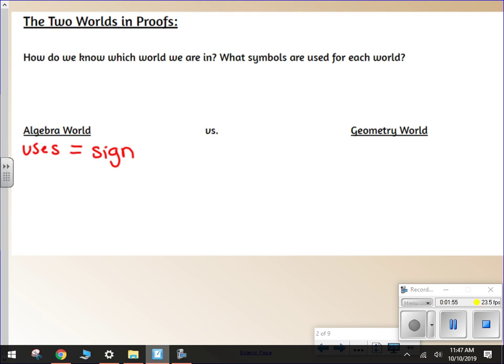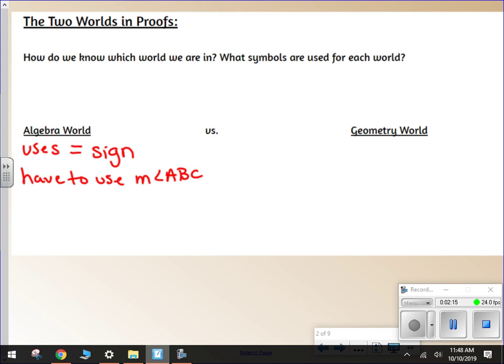If I have an equal sign and I'm in the algebra world, I have to use the little m. If I'm naming an angle, I have to say the measure of angle ABC because I'm talking about an actual quantity, a number, when I use equal signs.